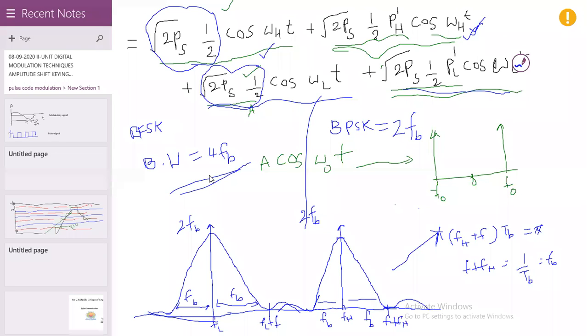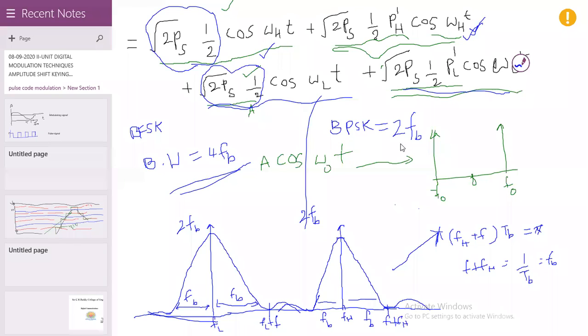Because here we can transmit 1 bit: if logic 1 is there, we use one frequency band, that is the high frequency. And if d of t is equal to logic 0, that is minus 1 volt, we go for another frequency. So one frequency occupies 2FB and a lower frequency occupies 2FB. Two frequencies are used here, total 4FB.